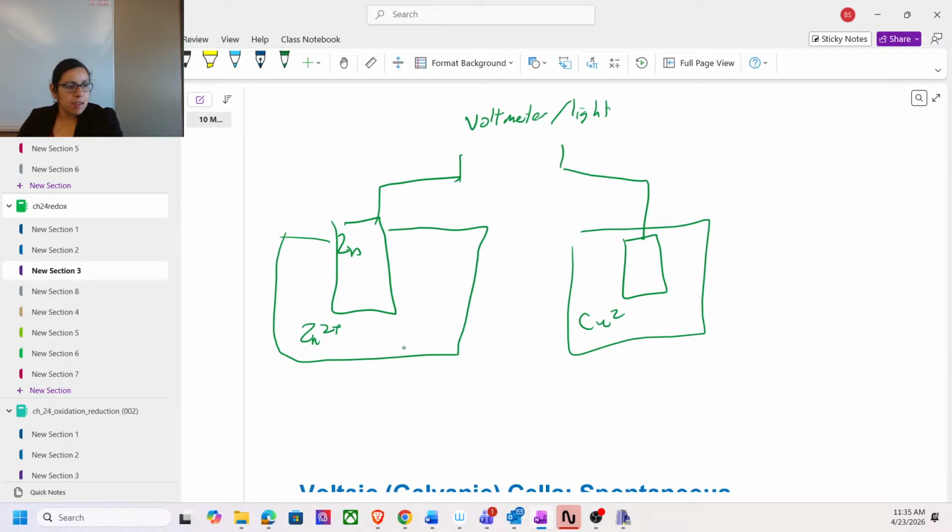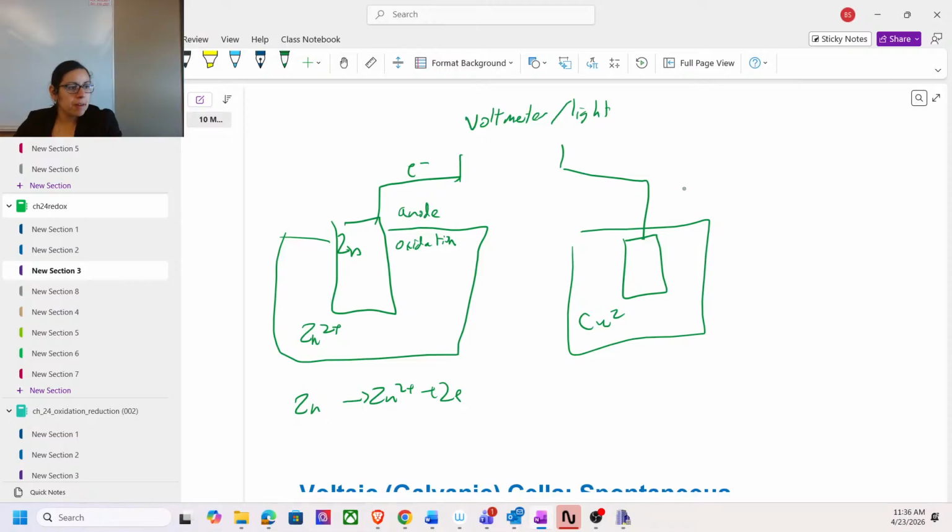So our zinc then, right, just to reiterate so everybody's on the same page, zinc is undergoing oxidation. So this is our anode again, formally, where oxidation is occurring. Electrons are still flowing this way.